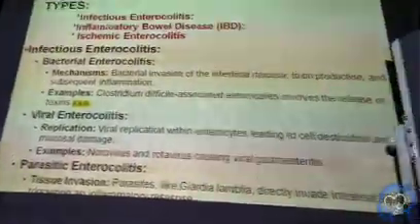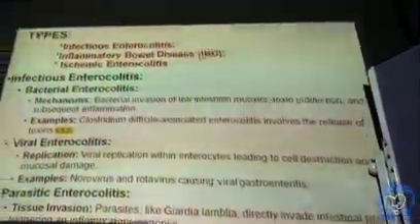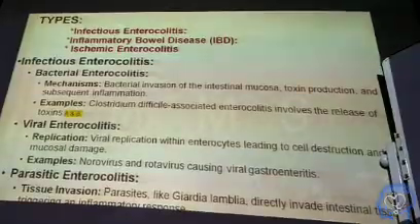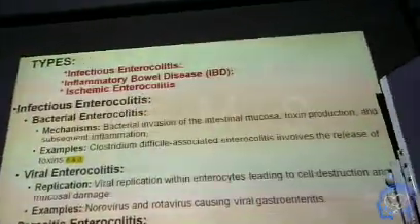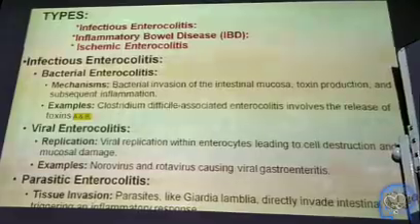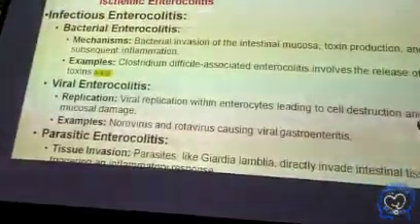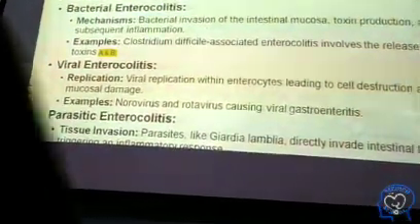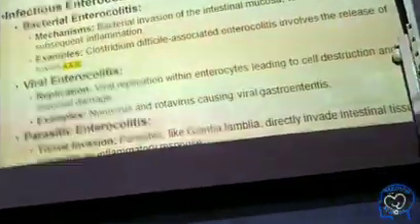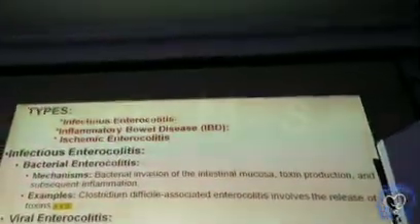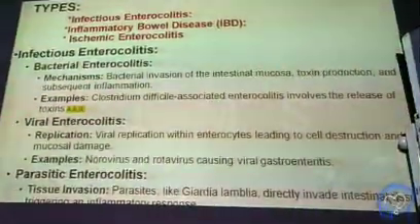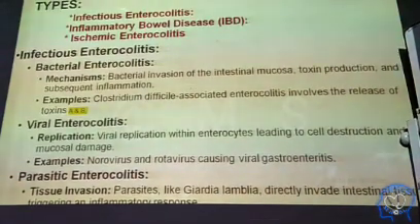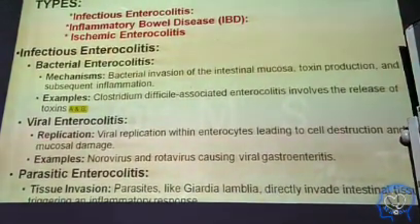Infectious colitis is bacterial, as I have already discussed, and the mechanism is bacterial invasion. And you know about the procedure that produces the diarrhea: it is the other way around, the enterocytes fail to absorb the fluid. This is the reason. And the viral enterocolitis and the parasites, which parasites cause diarrhea?